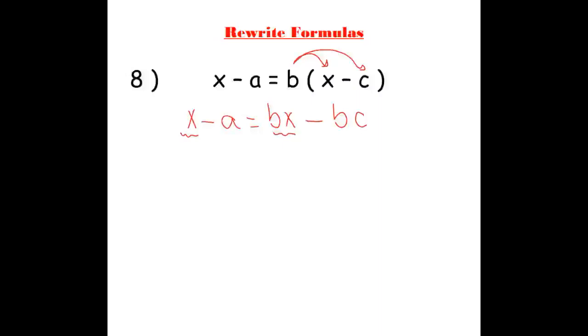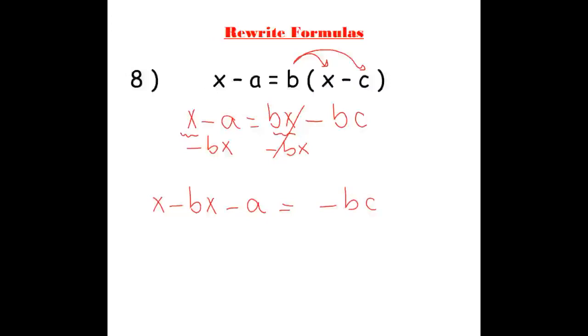So I will add minus bx to both sides. So I will make here minus bx and here minus bx. So this will go with this. Here will remain x minus bx minus a equals minus bc.